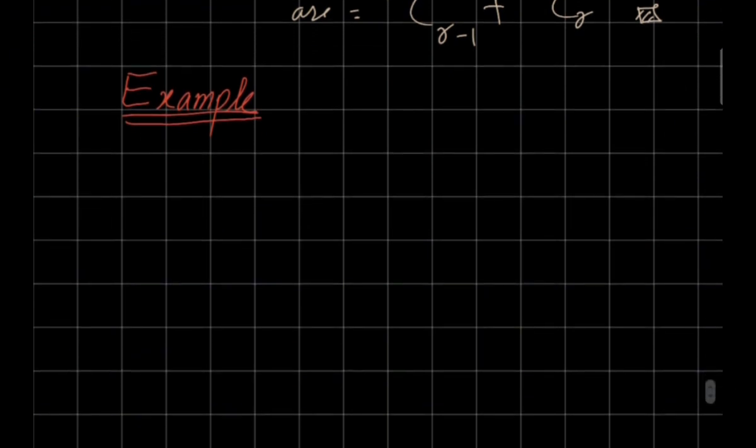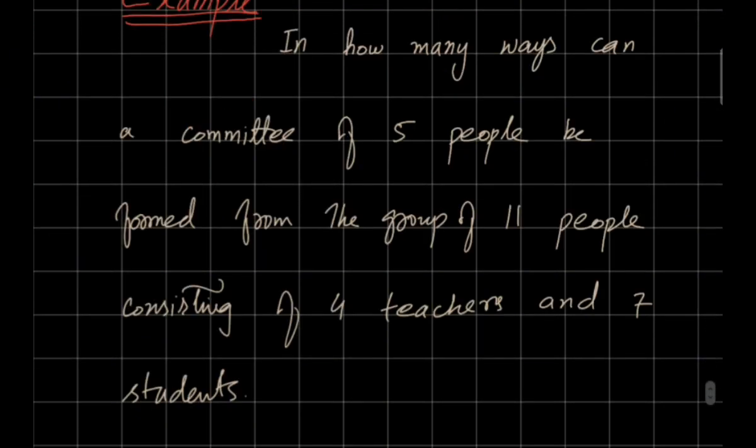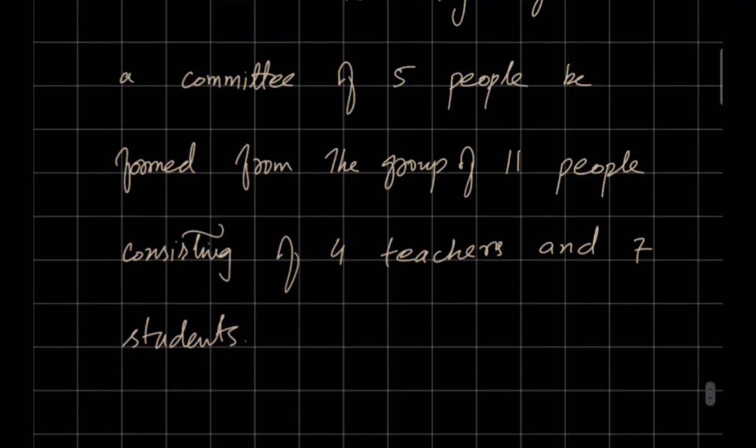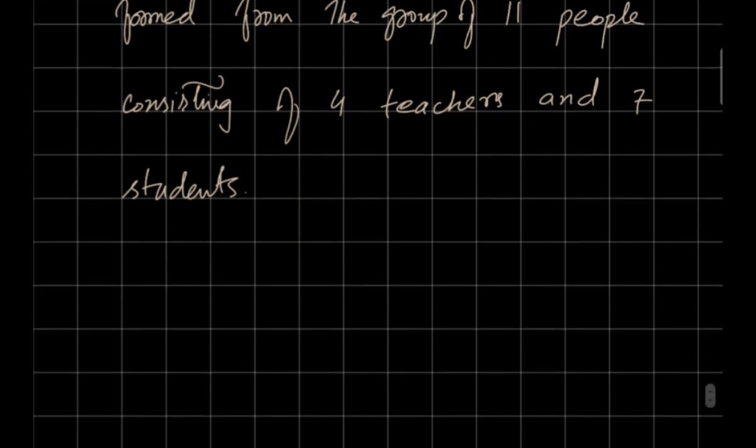So this example says: in how many ways can a committee of 5 people be formed from a group of 11 people consisting of 4 teachers and 7 students, in such a way that: Number 1, there is no restriction.